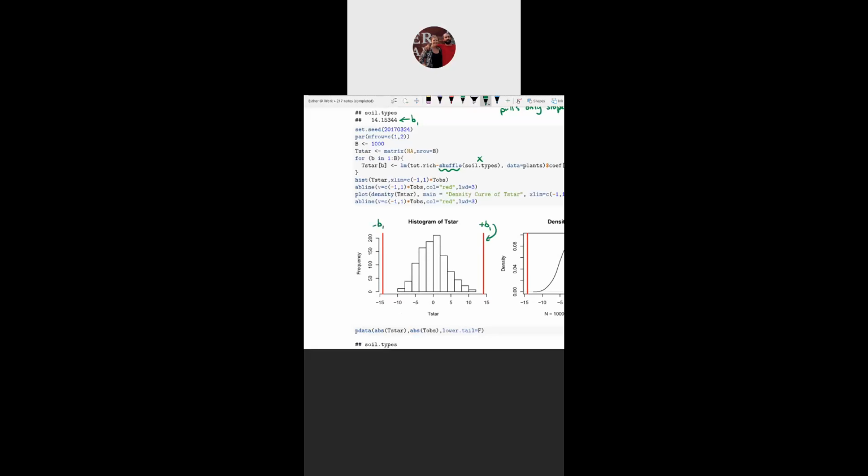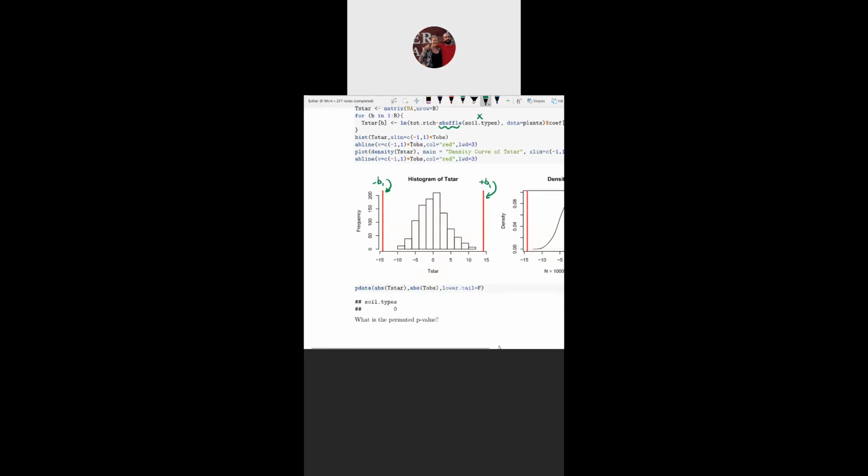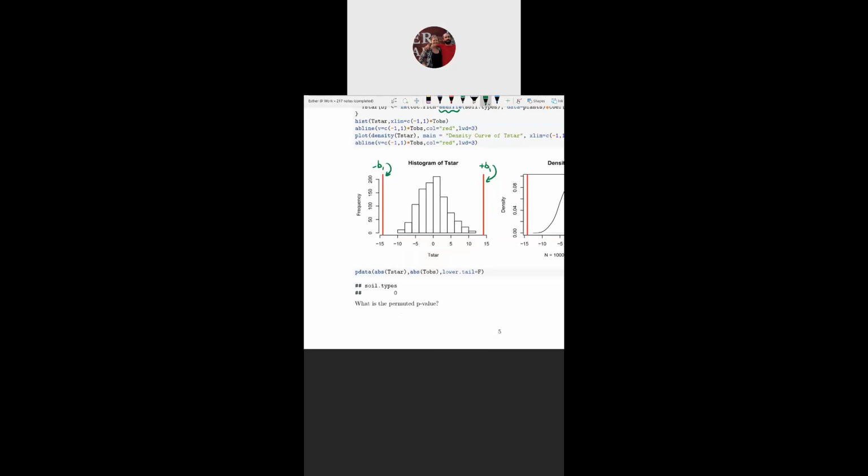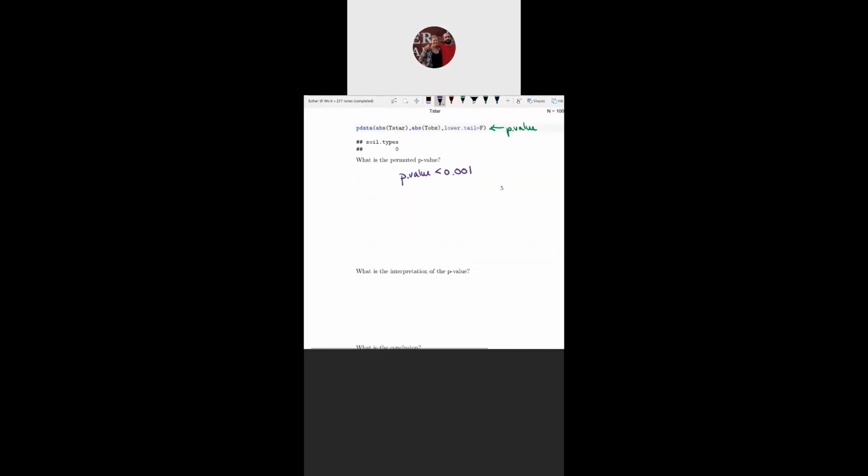And because it's a 2-sided test, we're looking at both the positive and negative values. And then we can tell R to calculate our p-value for us. And our permuted p-value from this is super tiny. All right. Again, we've done these permutations before. There's really nothing new going on here.